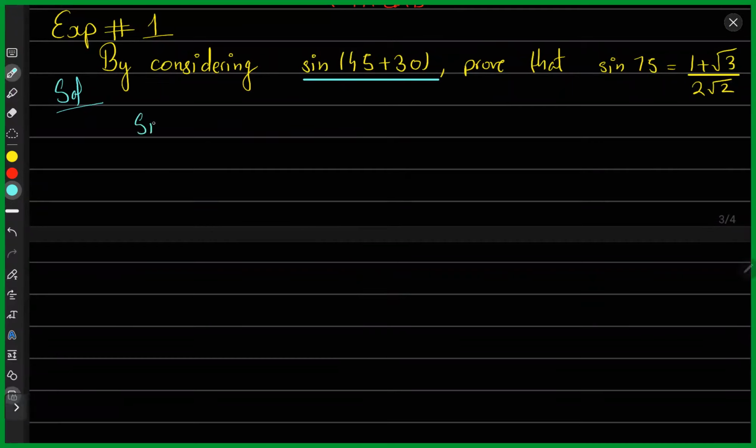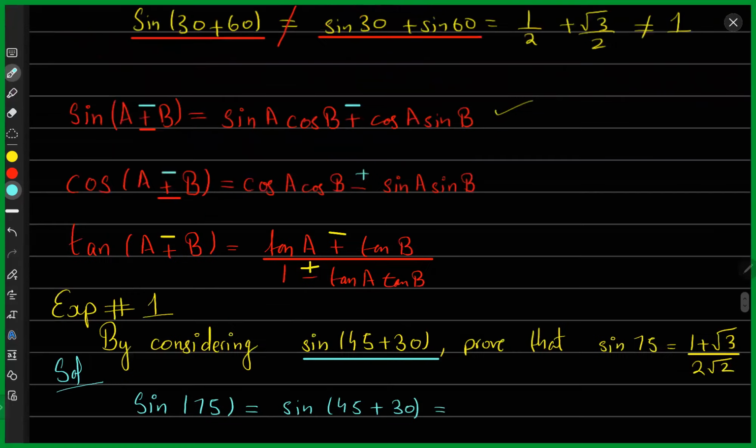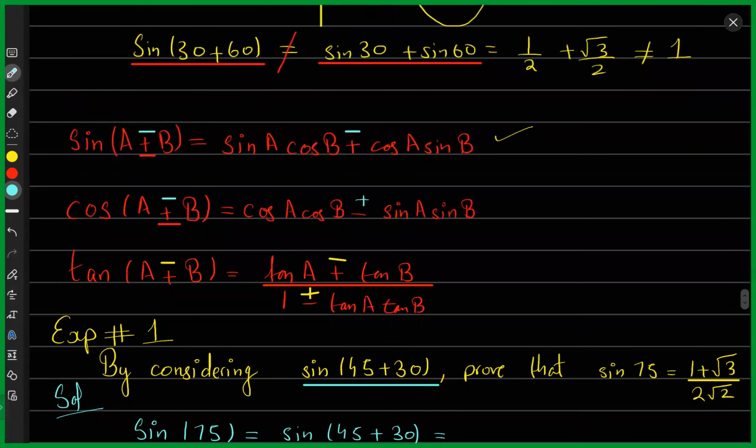Sine 75 is basically equal to sine 45 plus 30. And for that, I need to refer to these addition formulas, that sine A plus B is sine A cos B plus cos A sine B.